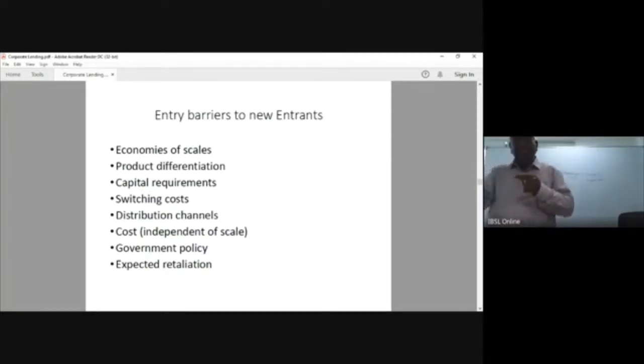So the new company may think, we won't be able to sell at that price. If we sell at that price, we have to face loss. So better not to go into this business. That is one entry barrier, the economies of scale.